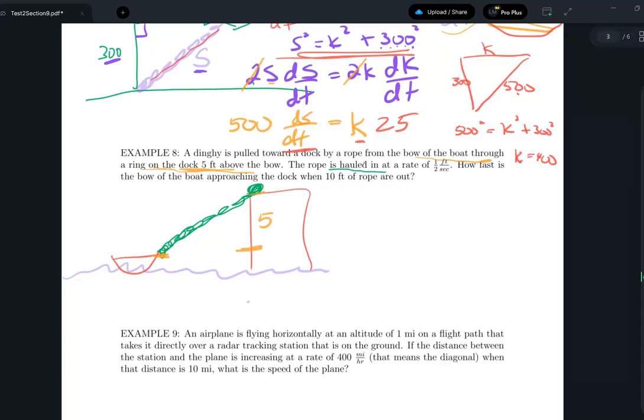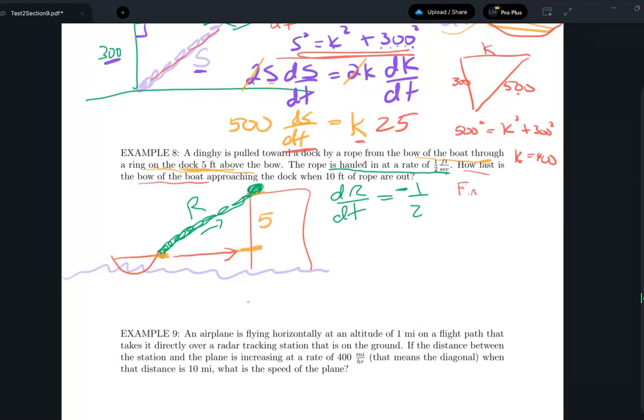So let's see what they're giving us. The rope is hauled in at this rate. I'm going to give this the letter R. dr over dt, let's think about it. I know it's negative, because that length R is getting smaller as the rope is being pulled in. What are they asking me to find? How fast is the bow of the boat approaching the dock?